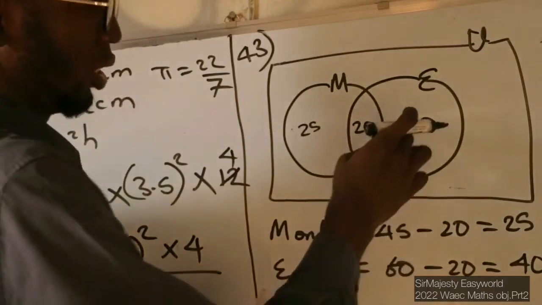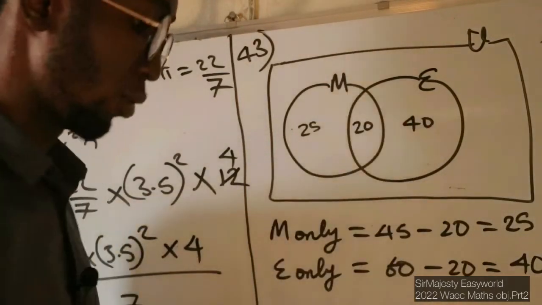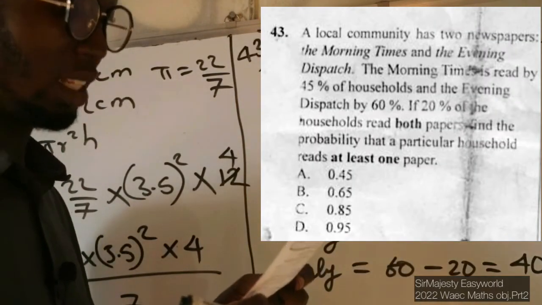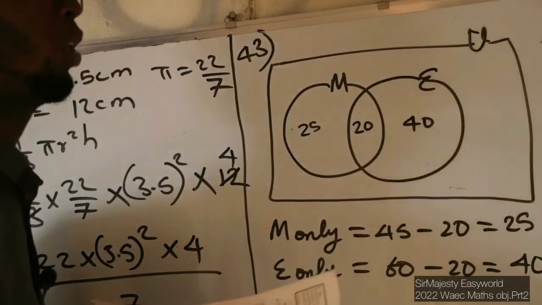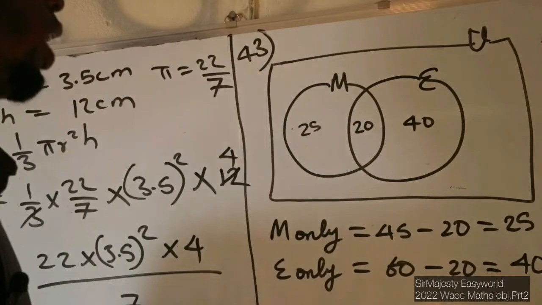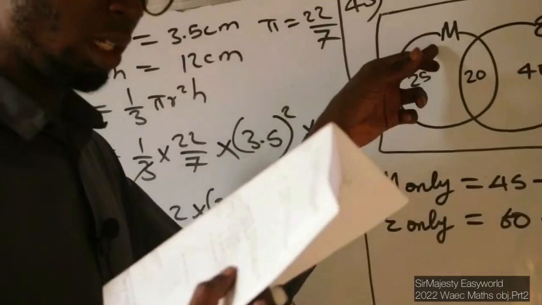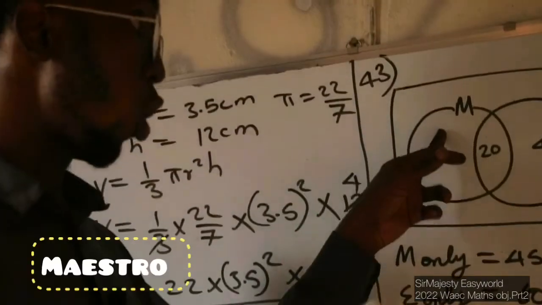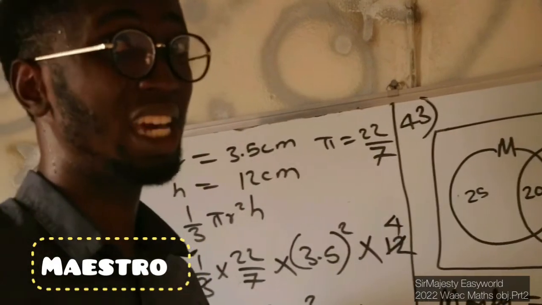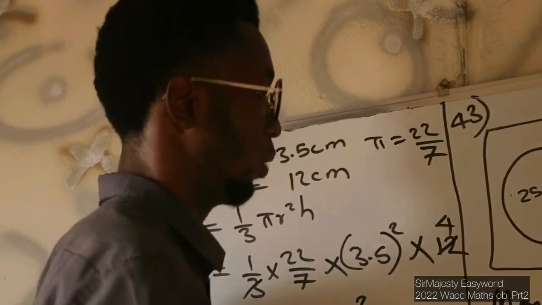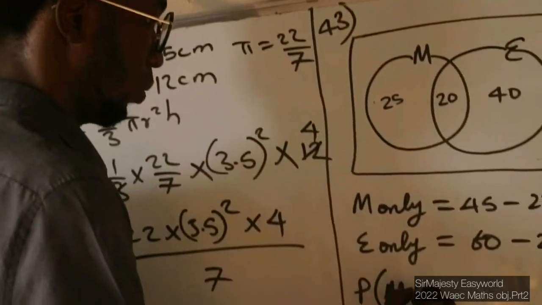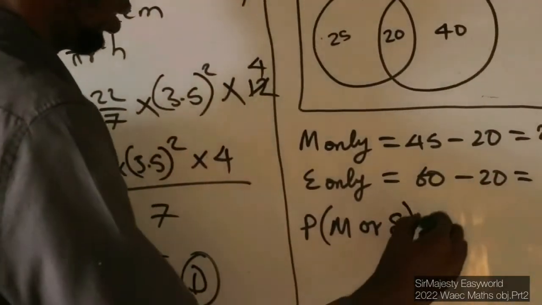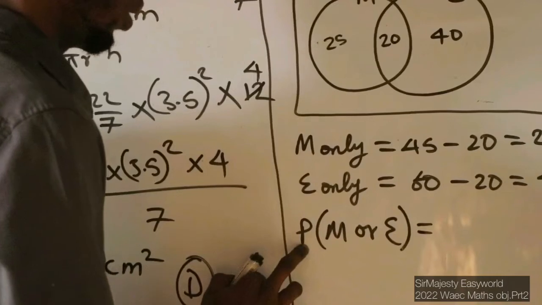Evening Dispatch only. So now we are asked to find the probability that a particular household reads at least one paper. So to find the probability of at least, it means the household has to read Morning Times or Evening Dispatch. So the probability that the person reads Morning Times or Evening Dispatch is equals to, what is the probability?